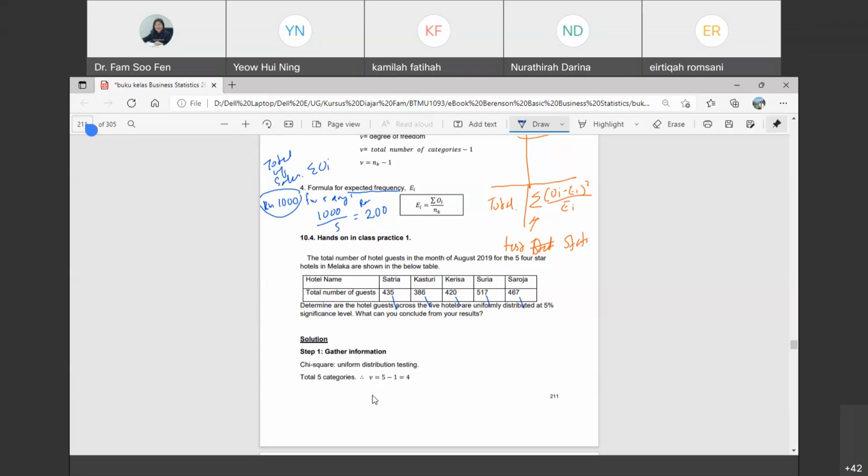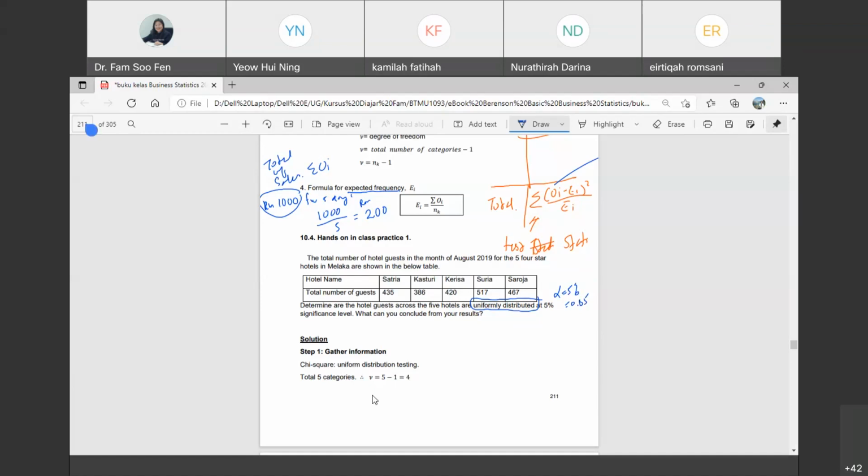Determine whether the hotel guests from the 5-star hotels are uniformly distributed. This is the keyword: uniformly, at the 5% significance level.